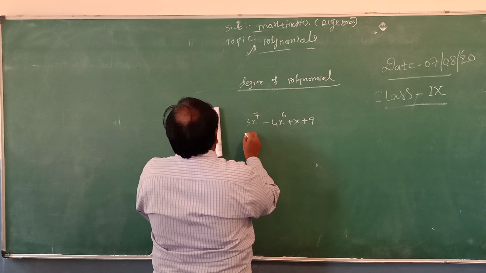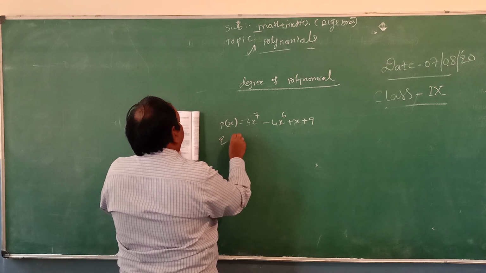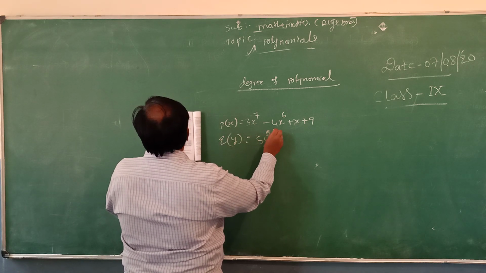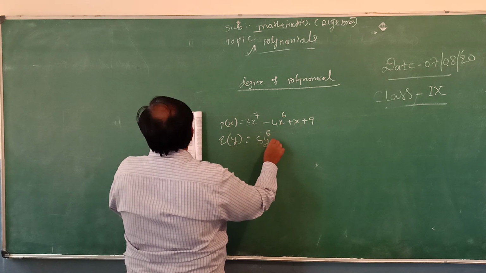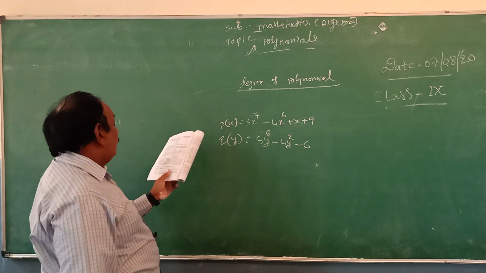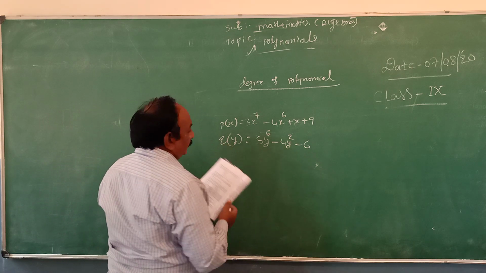This is p of x. And q of y is equal to 5y to the power of 6 minus 4y square minus 6. Next one, I will discuss afterwards.